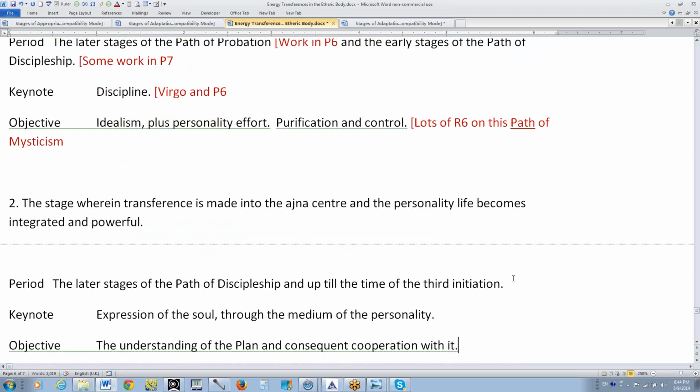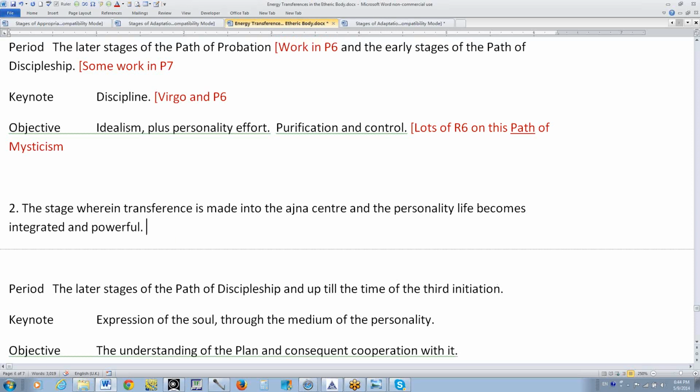Okay, the stage wherein transference is made to the action center and the personality life becomes integrated and powerful. So this is the post-personality integrated, this is the post-mystical personality integration. And this is more than selfish integration.